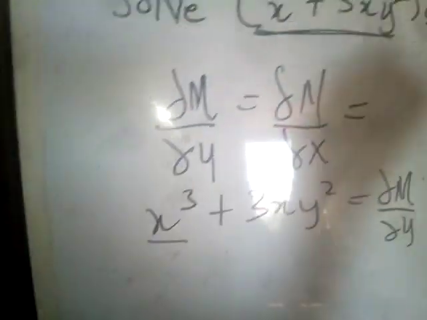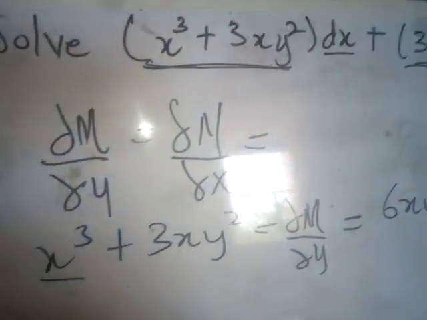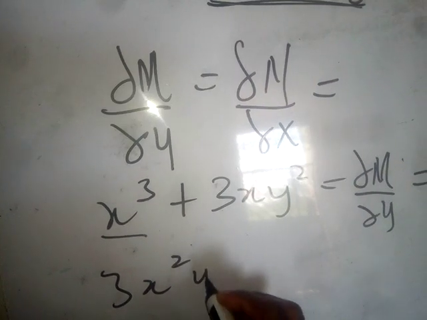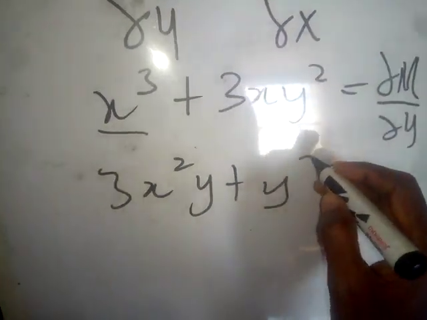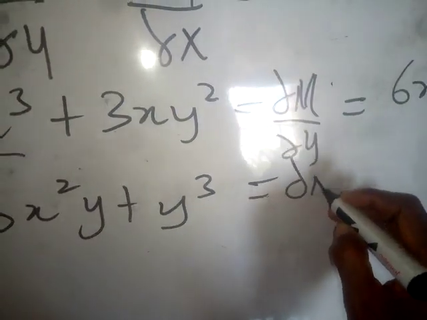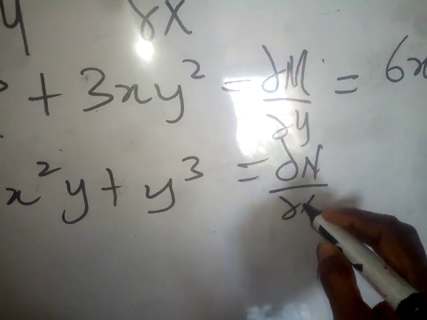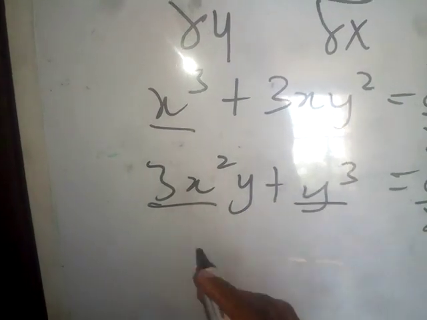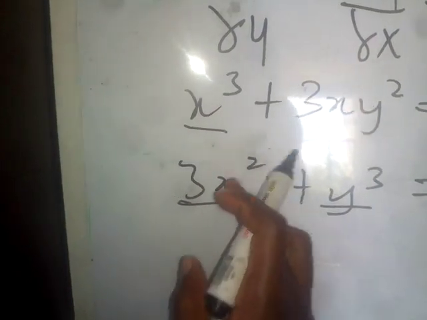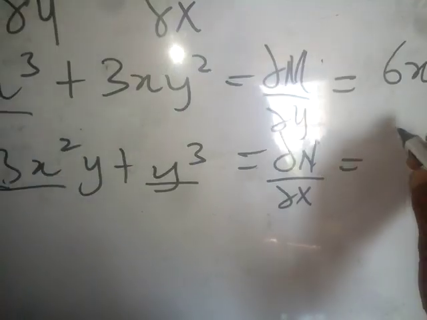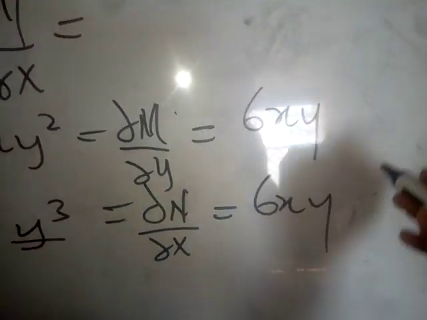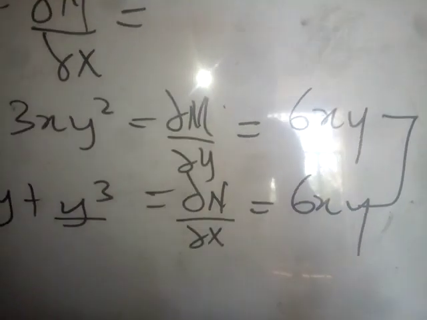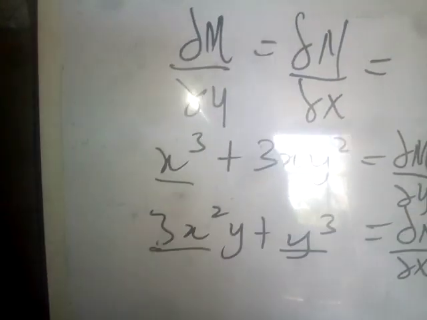Then the N part is 3x squared y plus y cubed. Differentiating it partially with respect to x, the y cubed part will be 0, and differentiating x squared, 2 will come down, multiply by 3 to give 6xy. So both partial derivatives are the same, which means the equation is exact.